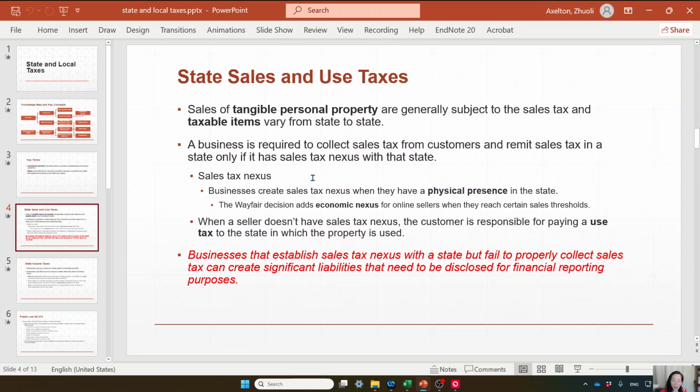They're going to collect the sales tax from the individual consumers, and then turn around and submit it to the state government. So the question really comes down to: is a business required to collect the sales tax in that particular state? It's a super big deal, especially for states which do not have any income tax.